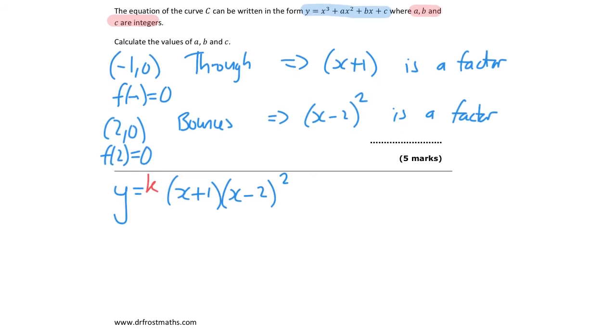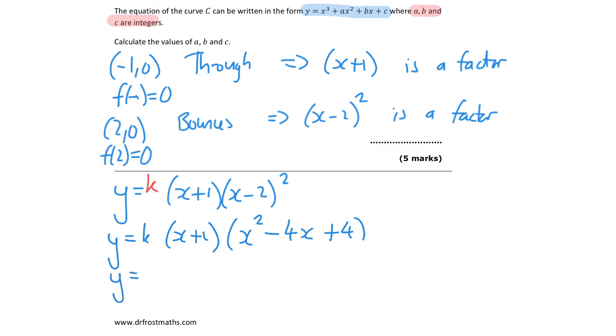So if we expand that, I'm going to expand the square bracket first. We can do that quickly in our heads. The middle bit will be 2 lots of x times minus 2, so that's minus 4x. Minus 2 squared is positive 4. Now if I expand that again, you might prefer to do this as a grid, or you might be able to do this by inspection. As long as you can do it, I don't really care how you do it. I'm more bothered about you getting the right answer at this stage than the speed you get it.